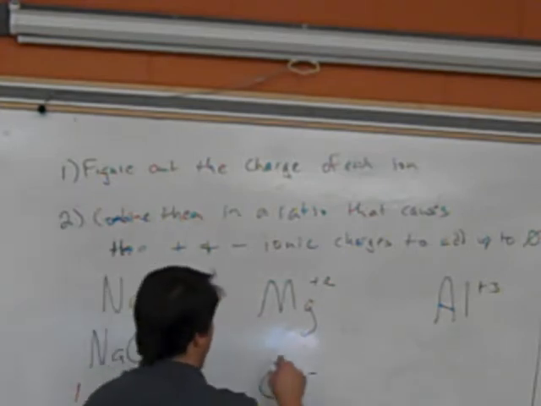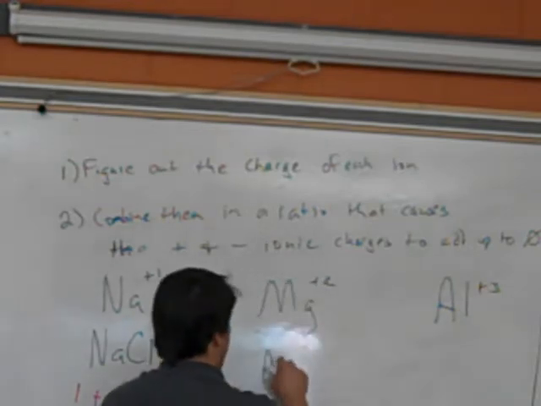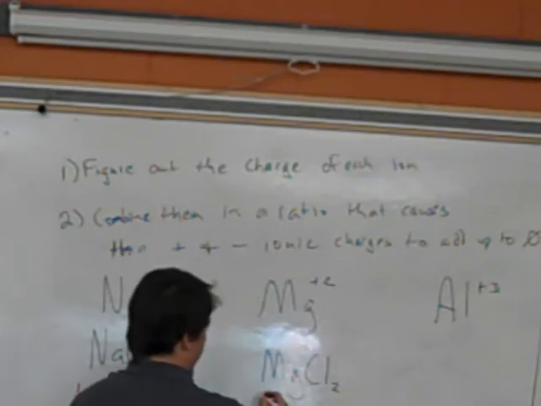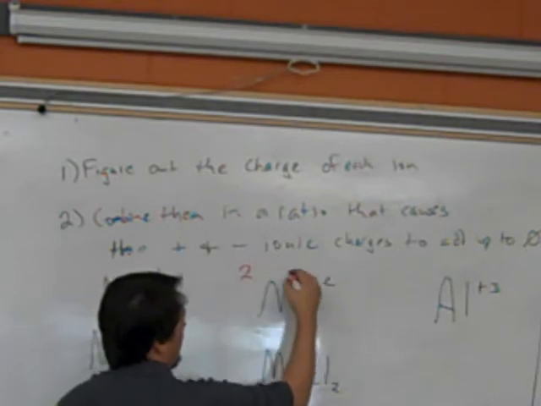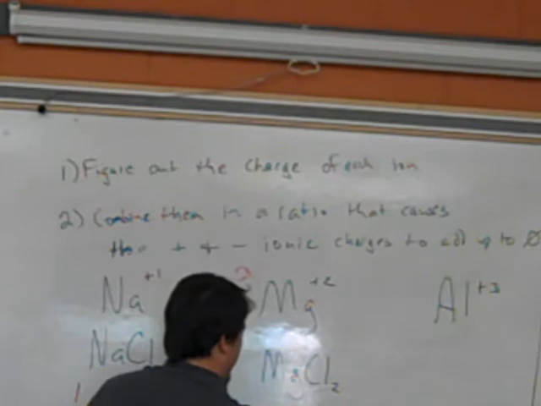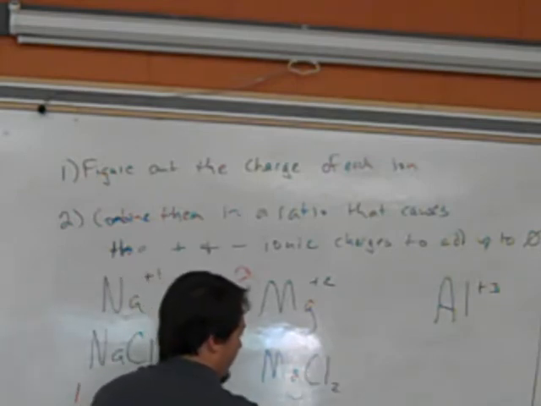Magnesium is going to be MgCl2, because 2 plus -2, which is what you get when you do 2 of these, equals 0.